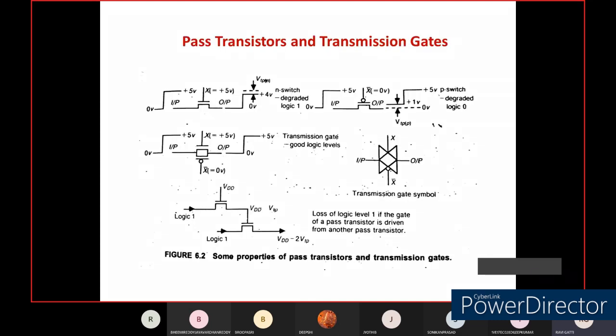So the next one we call a pass transistor. Why do we use this pass transistor? When you connect directly, the input terminal cannot be connected to the output terminal directly.